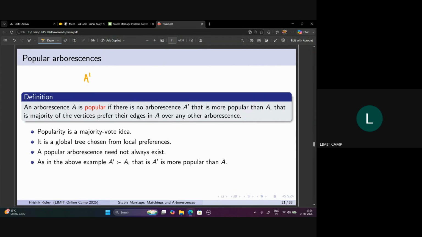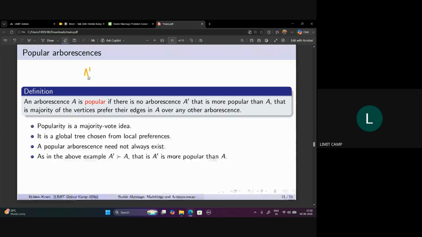You say that A dash is popular if there is no other arborescence that is more popular than this, that is, where the most number of vertices prefer their edges.